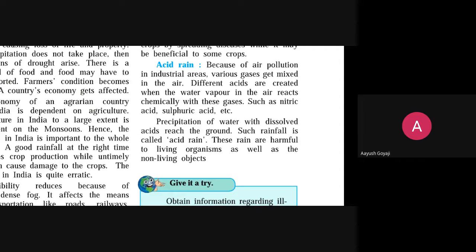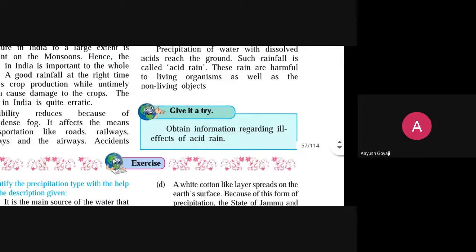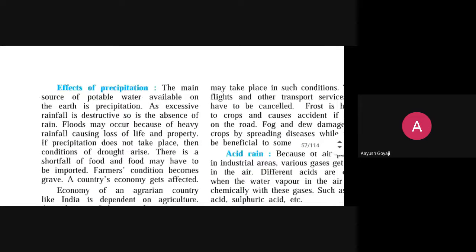It is called as acid rain. These rains are harmful to living organisms as well as non-living objects. Okay guys, this is all about this precipitation lesson and effect of the precipitation.